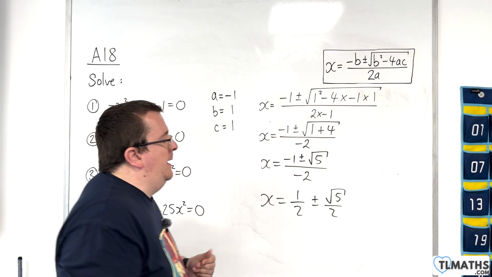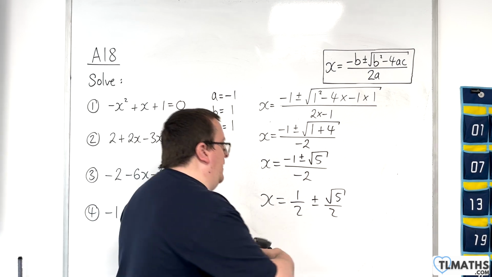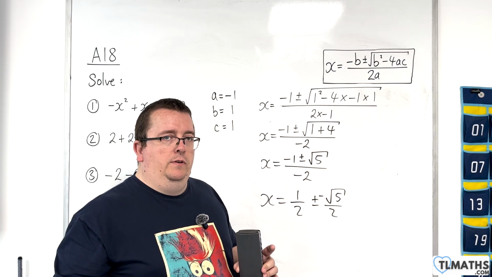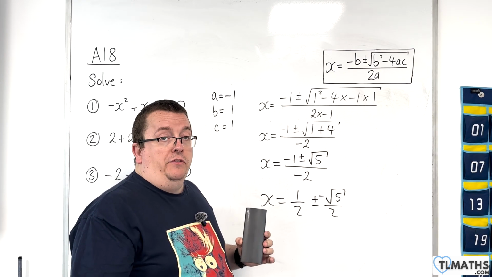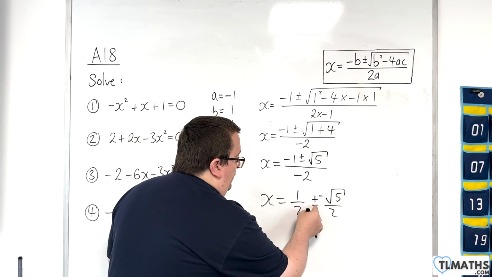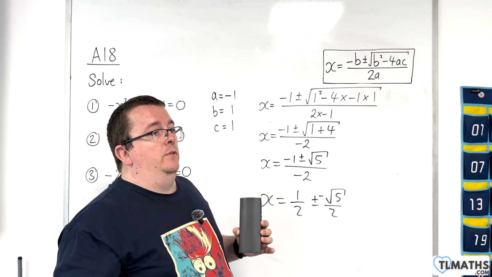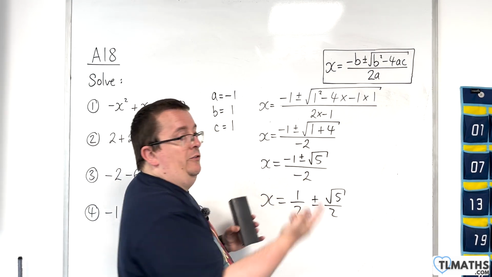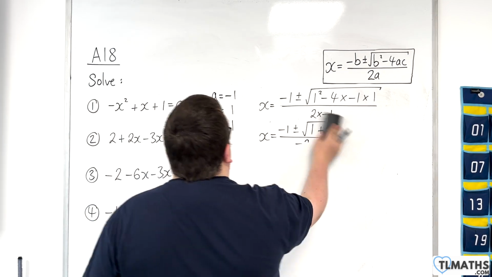It'd be like saying if we had plus minus of minus root 5 over 2, adding minus root 5 over 2 is the same as subtracting root 5 over 2. Then subtracting minus root 5 over 2 is the same as adding root 5 over 2. So it was no different to just having plus minus. Okay? So that's the argument.